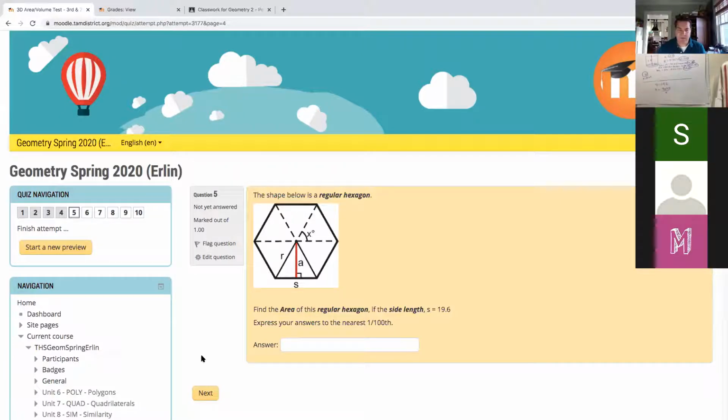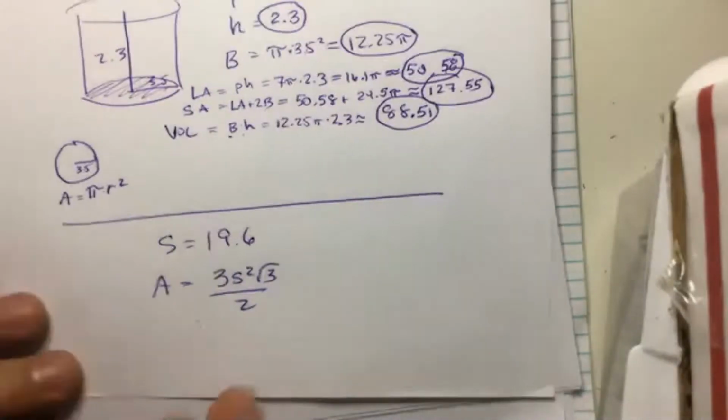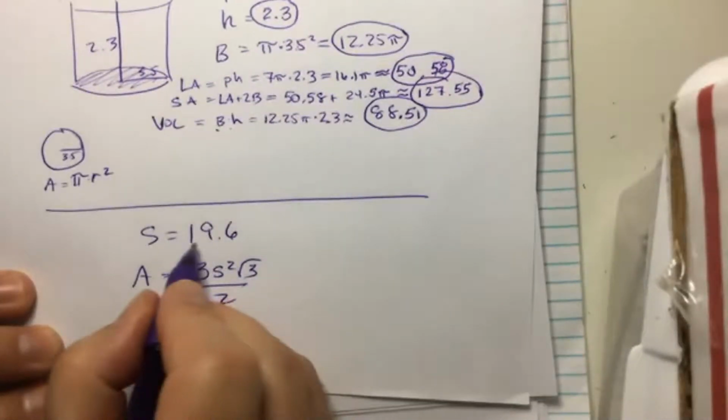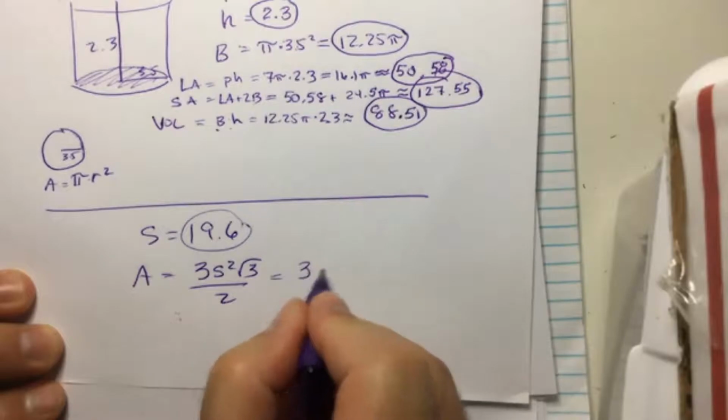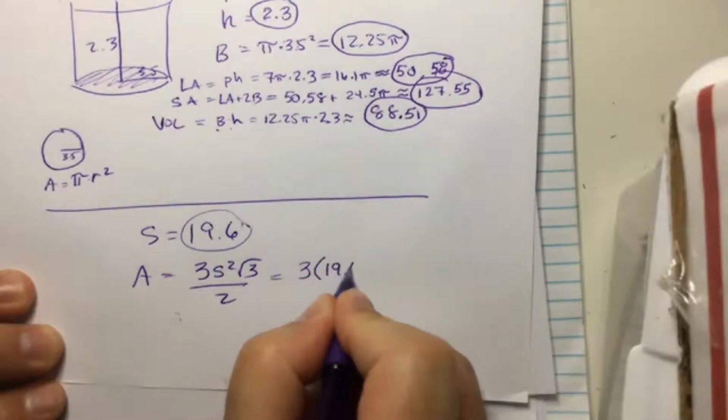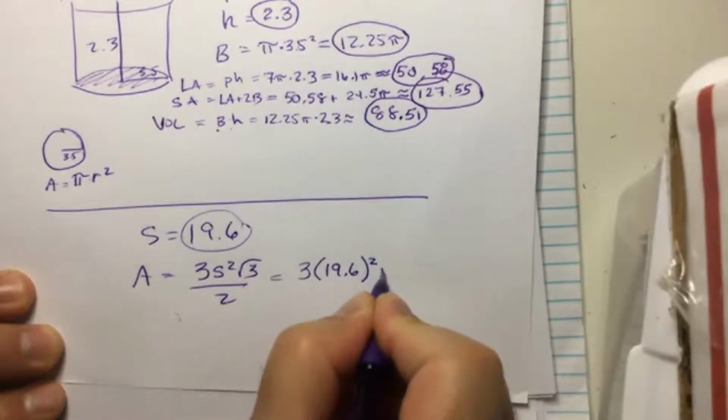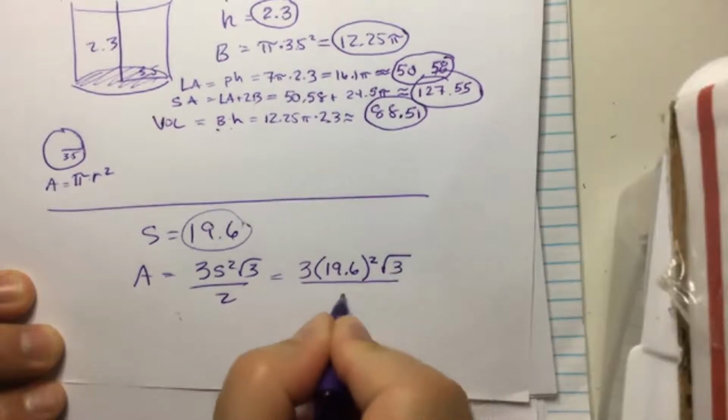over 2. I'm going to go back to my screen now, my document camera. So if I know the side length is 19.6, I'm just going to plug it in here for s. 3 times 19.6 squared root 3 over 2.